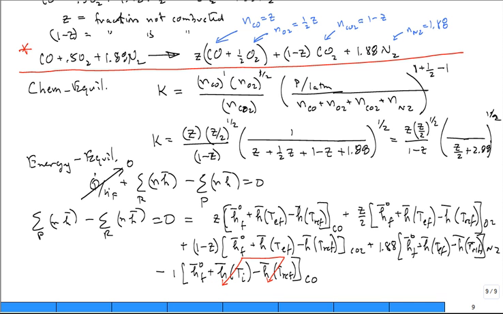Okay. Minus 0.5, or 1/2, times the enthalpy of formation plus delta H bar for the oxygen, minus 1.88 times enthalpy of formation plus delta H bar for the N2. Okay, so coming in, they had no elevated temperature.